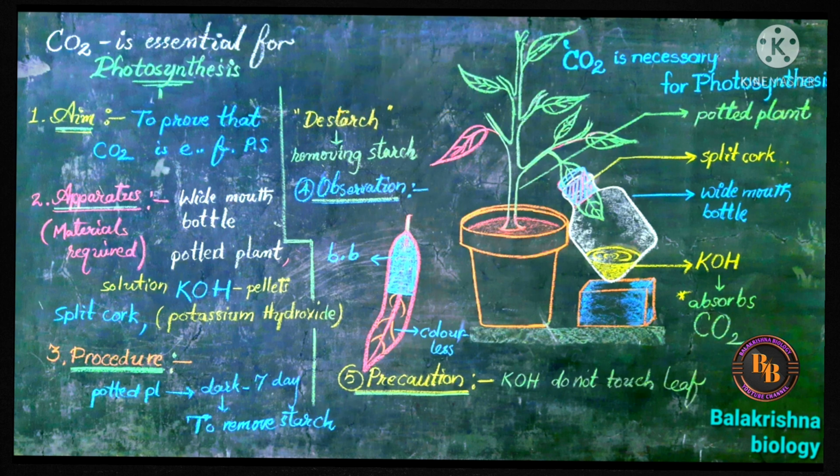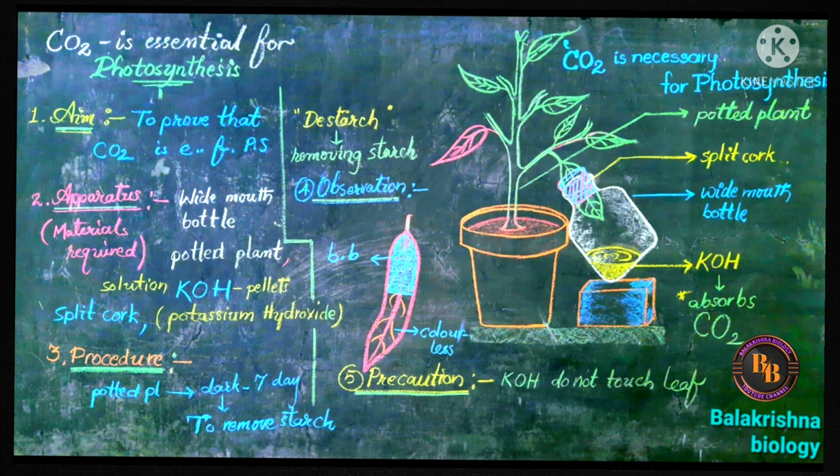Next, after completion of 3 to 4 hours, remove the leaf used for our experiment from the plant, nothing but detach that leaf from the plant, and do an iodine test for that leaf.